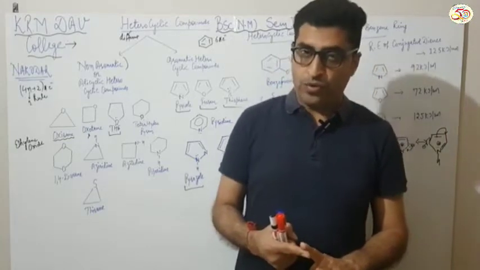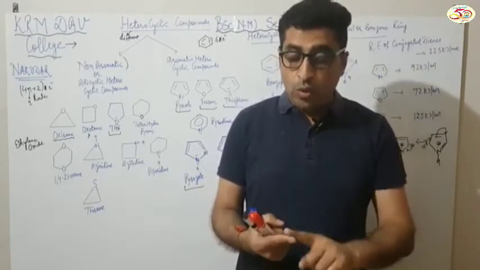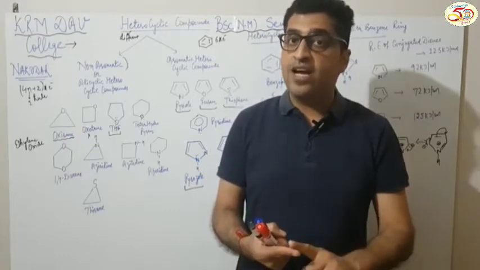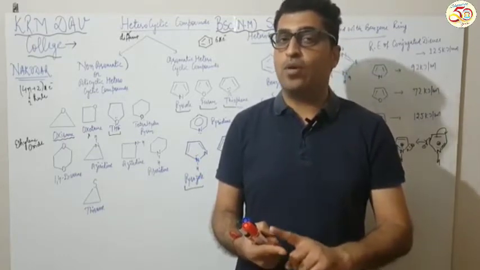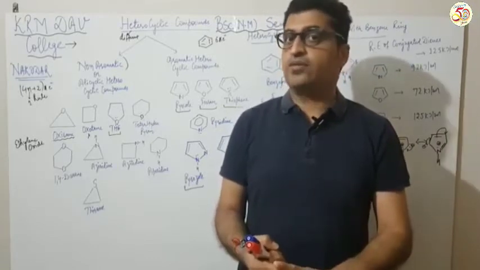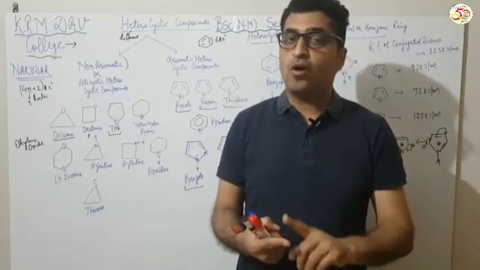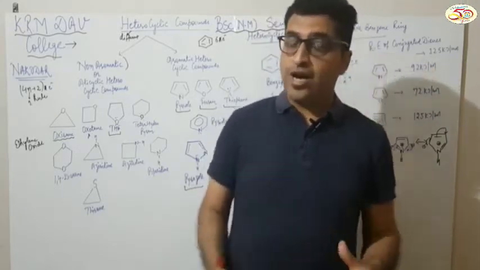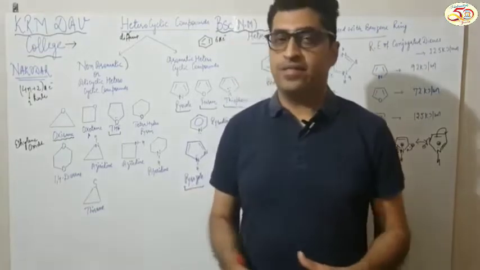So I want to explain here that though benzene is unsaturated, it behaves like a saturated molecule because of resonance. And because of resonance, addition reaction is not favorable in benzene. Then the question comes, which kind of substitution is favorable in benzene?